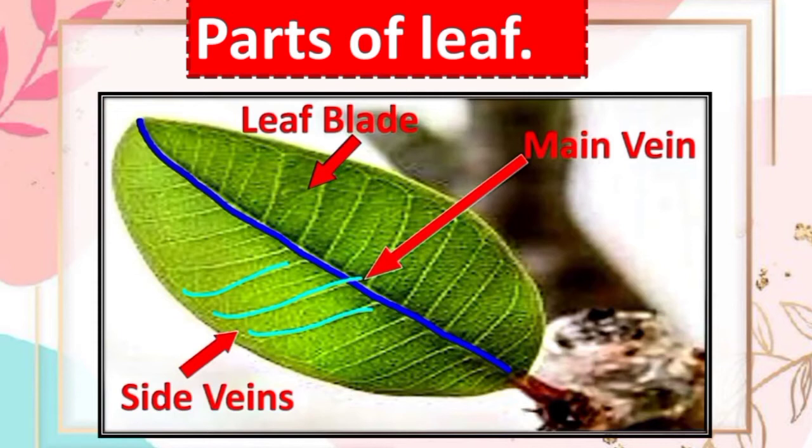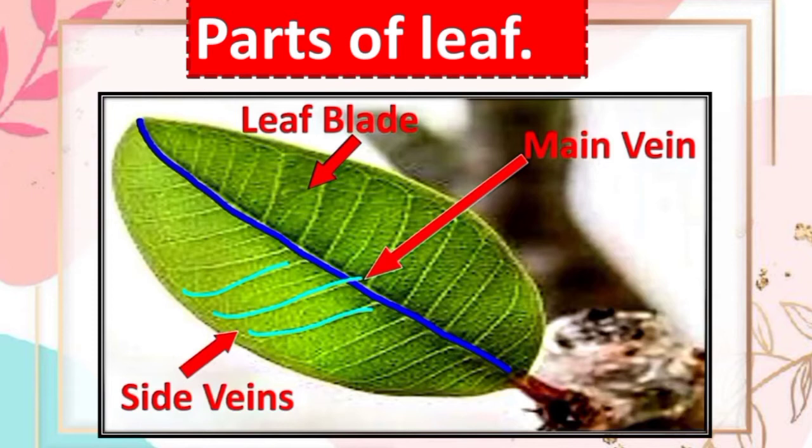So children, a leaf has a flat part called the leaf blade. Some leaves have a very broad leaf blade, whereas some have narrow ones. Each leaf usually has one main vein and many side veins, as you can see in the picture.